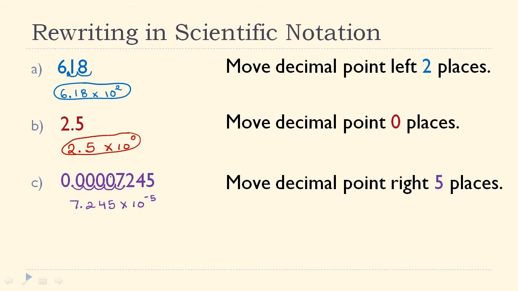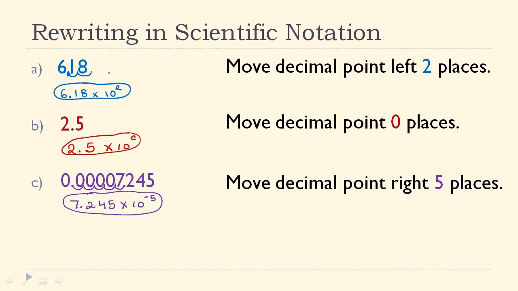So 0.5, 0.25, 0.75, 0.6. Those are really small numbers, and when I write those in scientific notation, my exponent is going to be negative because it is a small number, and that's the way I can remember when my exponent's negative or when my exponent's positive.